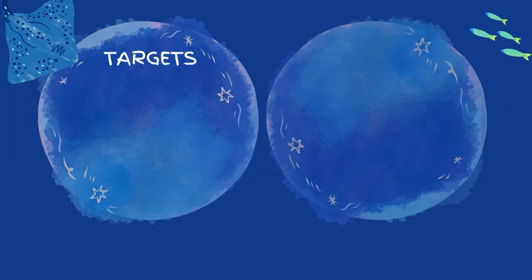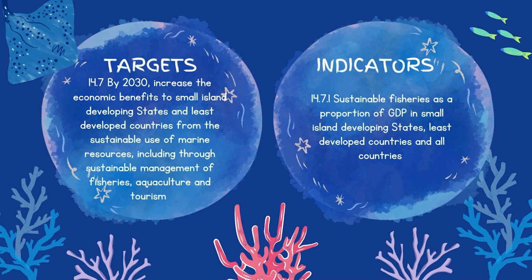Okay, target number 7 is increasing the economic benefit to small island developing states and the least developed countries from the sustainable use of marine resources, including through sustainable management of fisheries, aquaculture, and tourism.